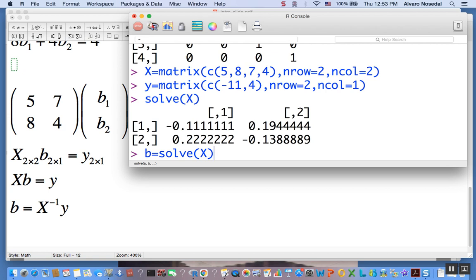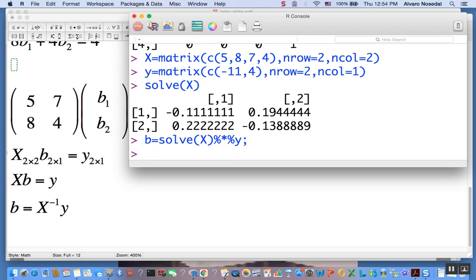But remember, if you want matrix multiplication, you have to use this syntax, percent star percent. That's what R uses for matrix multiplication.